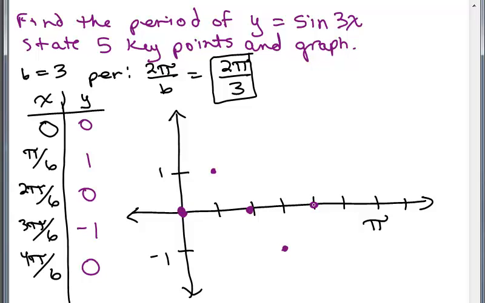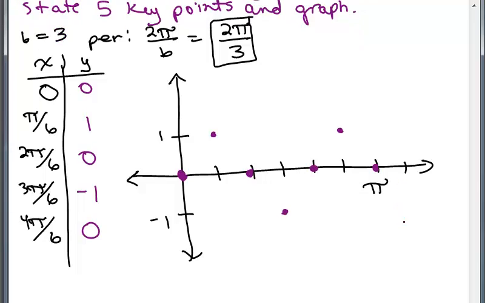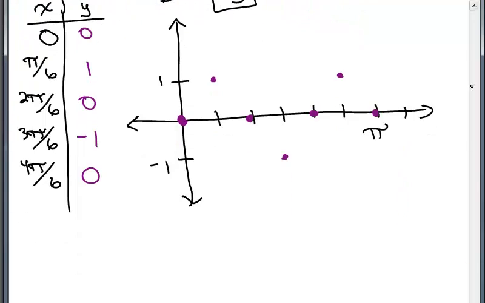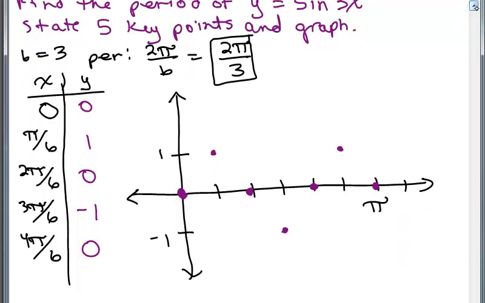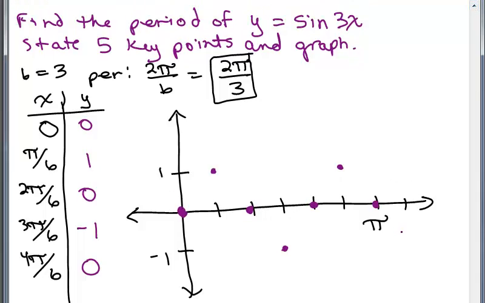If we kept going, we would now go over 1 and up 1 again, right? Go over another space, we'd be down at 0 again. Go over another space, you'd be down here, etc. Same thing if I would have moved over to the left. So I know it's going to look something like this.